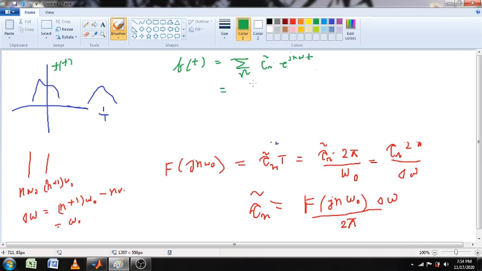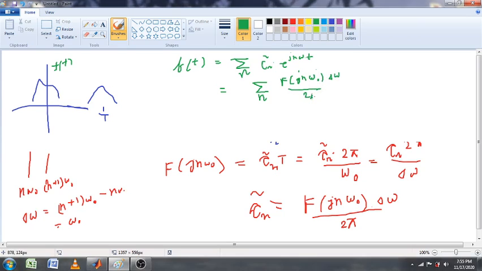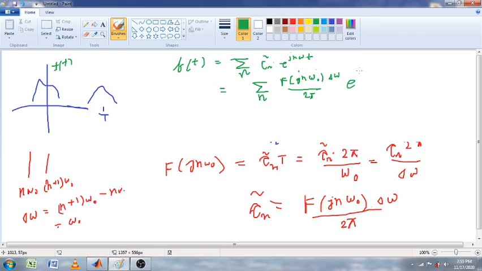Now we are going to simply write it as sum over n, and in place of Cn ripple I am going to put all these things: F(j n omega naught) into delta omega by 2 pi, multiplied by e power j n omega naught t.